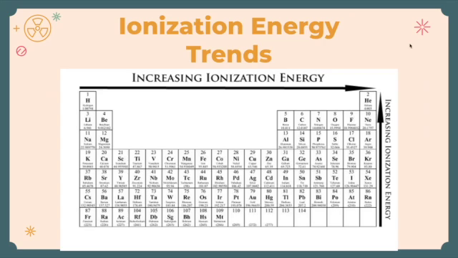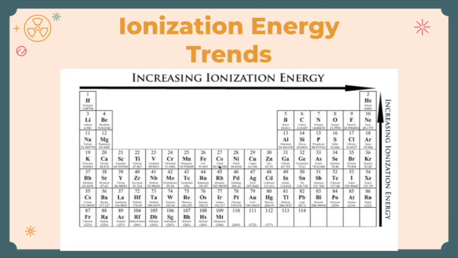The basic trend is when you move from left to right across a period, you are going to increase the ionization energy. So that means that you are increasing the amount of energy required to remove an electron.